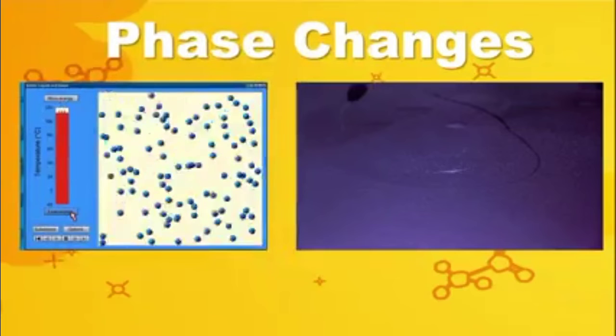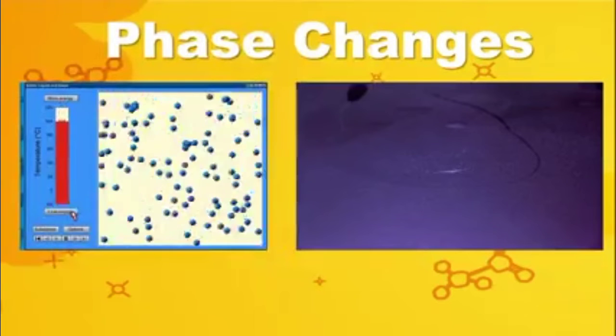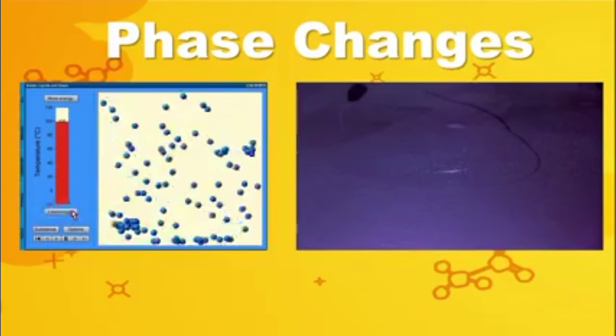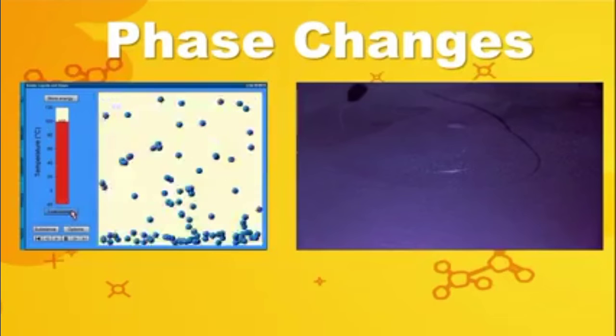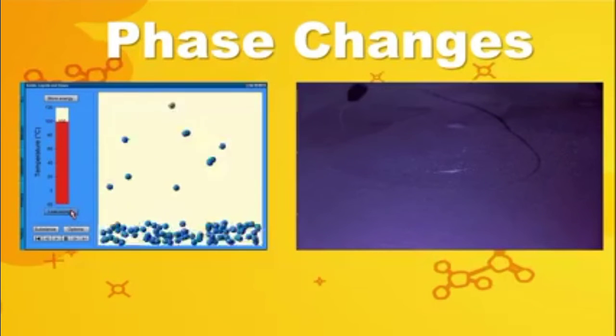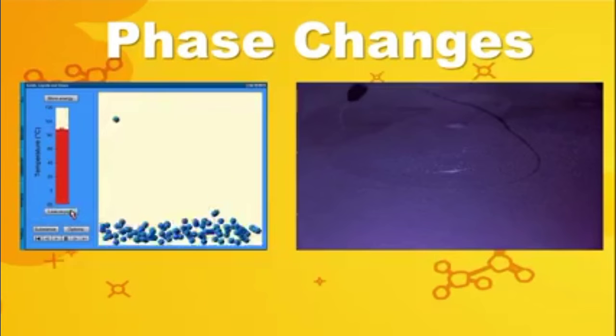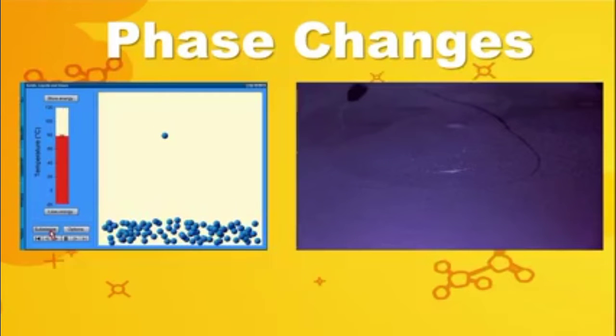A reverse process also happens. A gas may be cooled or allowed to condense to become liquid. The molecules that escape from the liquid and go into the gaseous phase are called water vapor. The water vapor rises and is cooled. When a gas is cooled, the motion of the particles slows down.